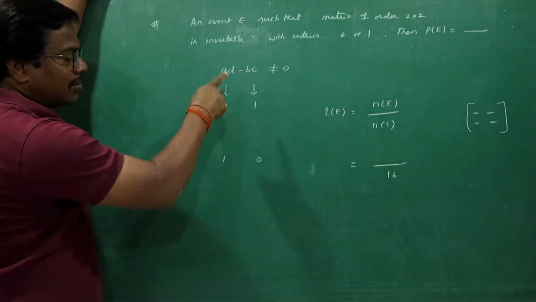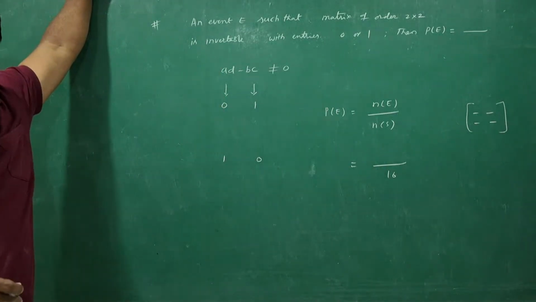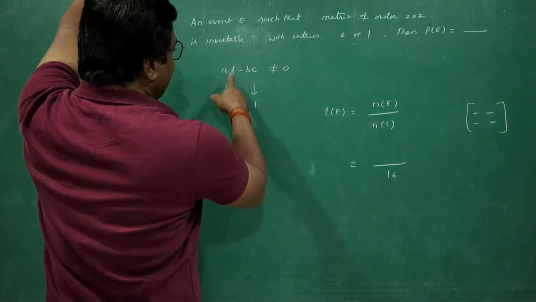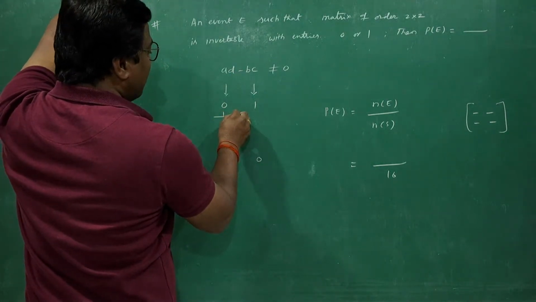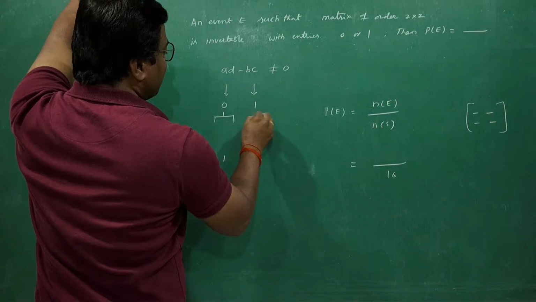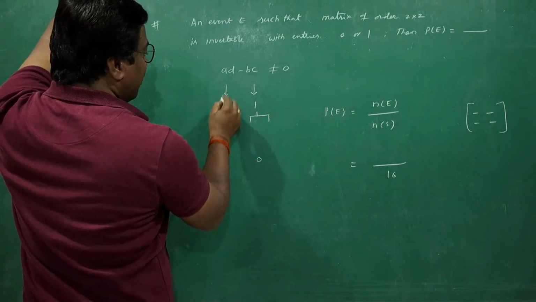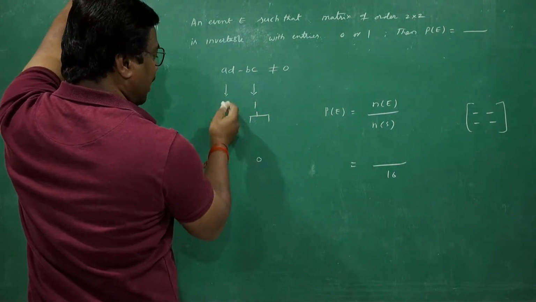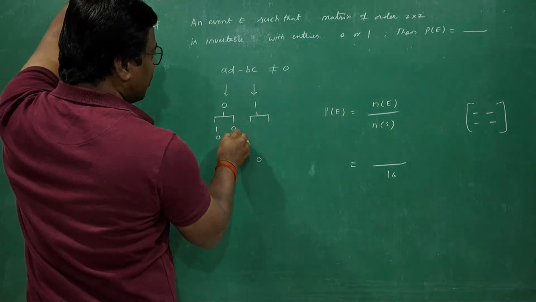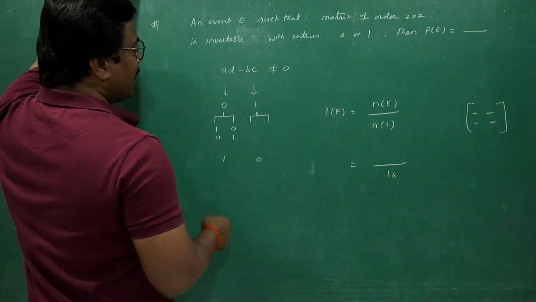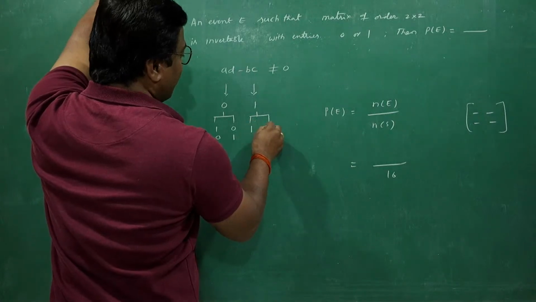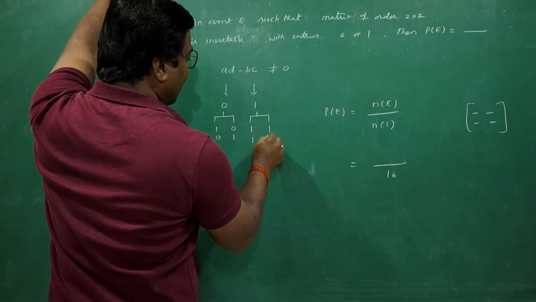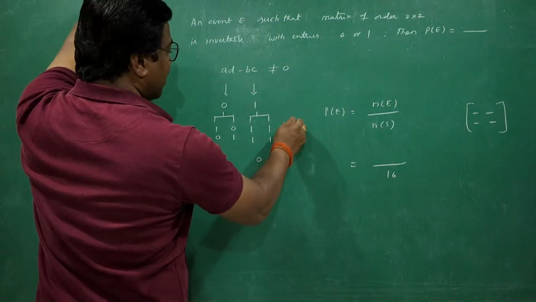In such a case also the determinant is not equal to 0. Now AD is 0, which is possible as follows. If A is 1, D is 0, it is 0. When A is 0, D is 1, also 0. Next 1, both 1 only.